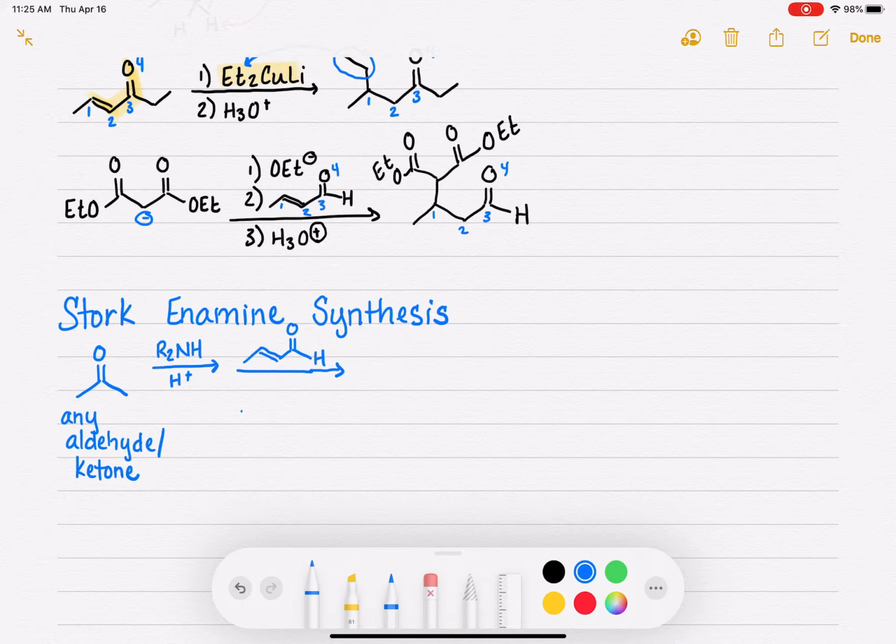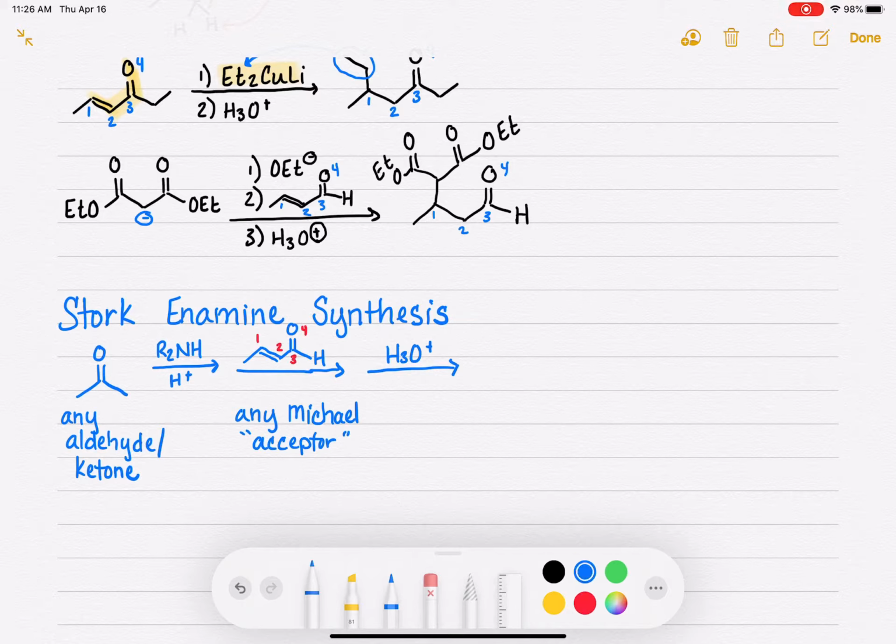So this would be any Michael acceptor. And still not going to draw what we get yet. And we're going to do step 3 here with H3O plus. And we will end up doing, let's number our Michael carbons, 1, 2, 3, 4.